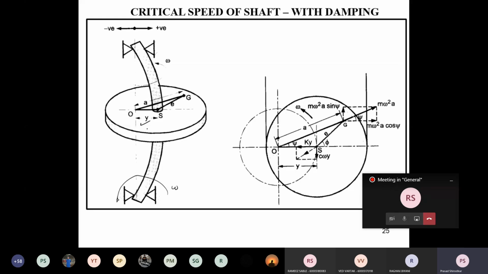And the eccentricity of the shaft is in line with the deflection, so that O, S and G are collinear when there is no damping.